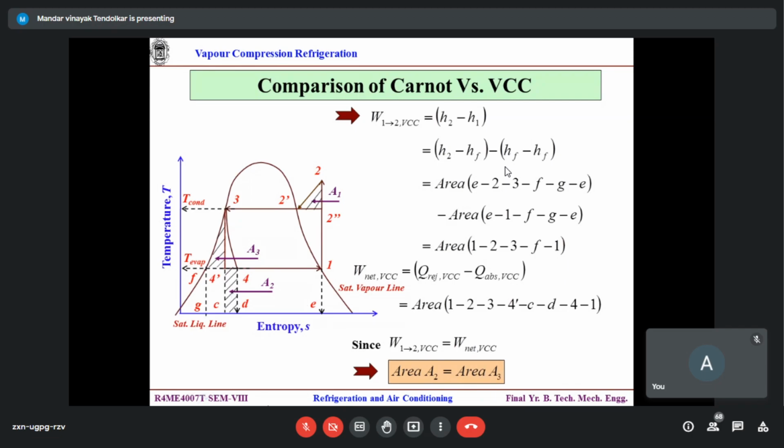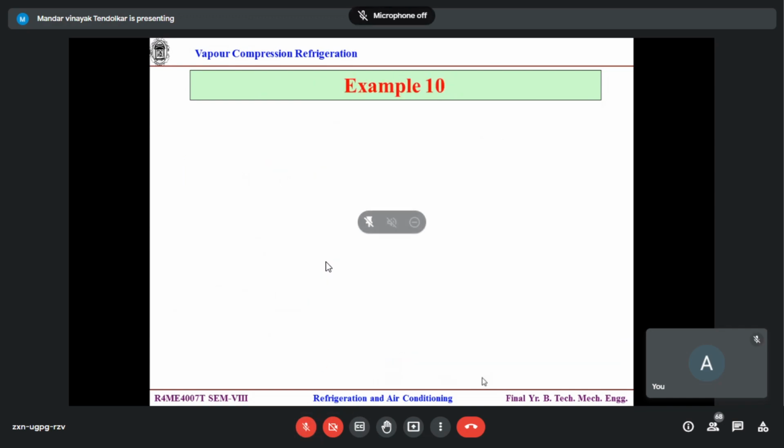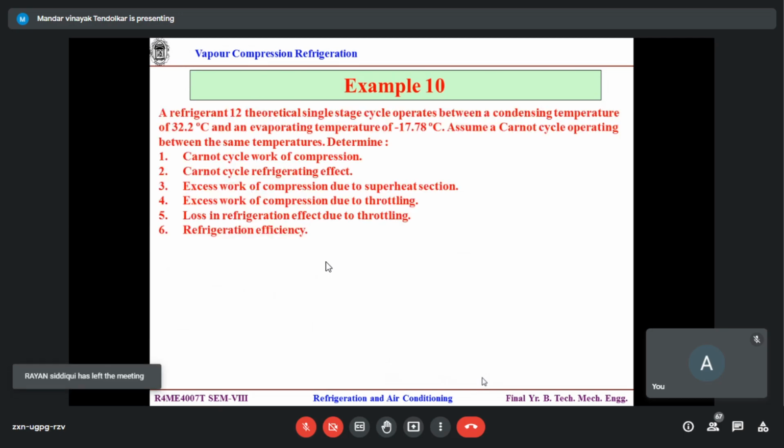See, is this clear? How area A2 is equal to area A3? Any doubt to anyone in the entire class? Okay. Now this example is the implementation of whatever we had learned as far as the Carnot cycle and VCC is concerned. So assume a Carnot cycle operating between the same temperatures and then determine.